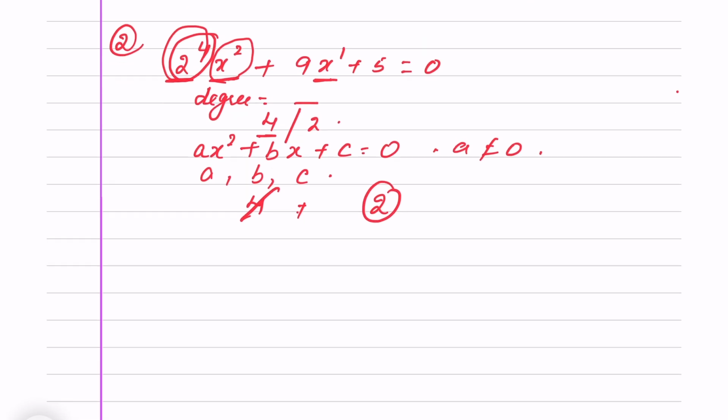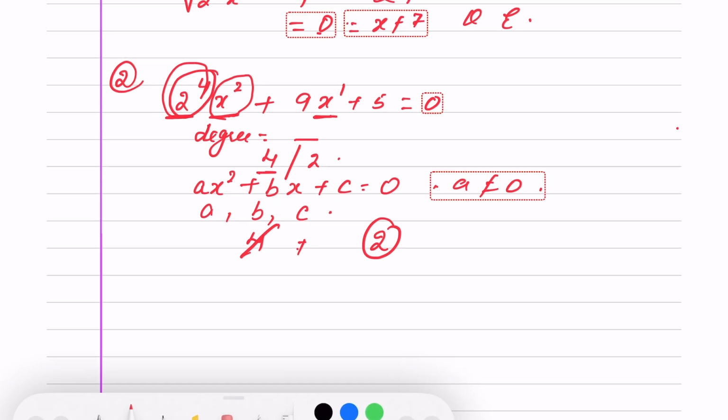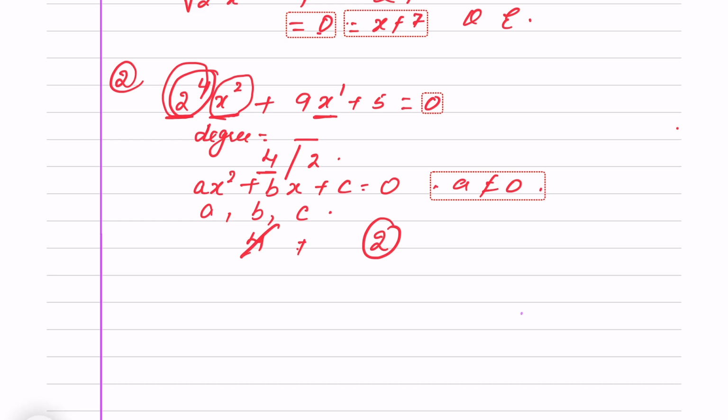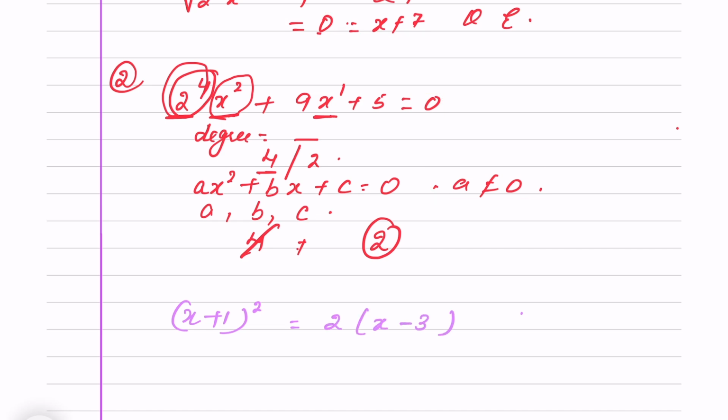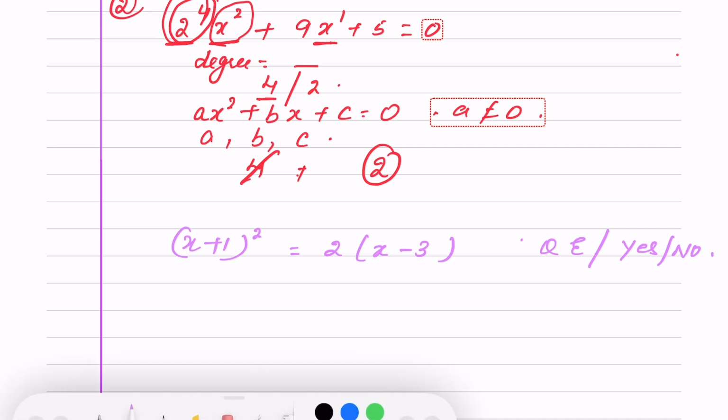After this we go to how to identify whether it is a quadratic equation or not. Suppose I take this question: is it a quadratic equation or not? Yes or no? Let me change it.